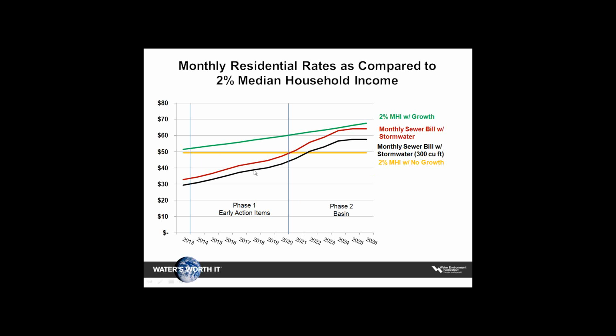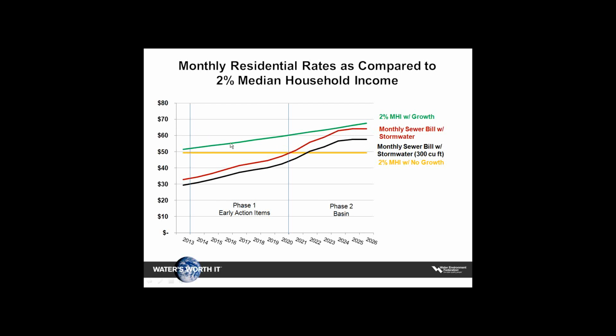Again, we have the conservation credit customer, we have our standard normal customer, and then this is the 2% of median household income with no growth. This basically is a static number, and over time you can see that we would reach a point where, if we don't have the growth, we could not afford to do the projects based upon where our rate structure would go.